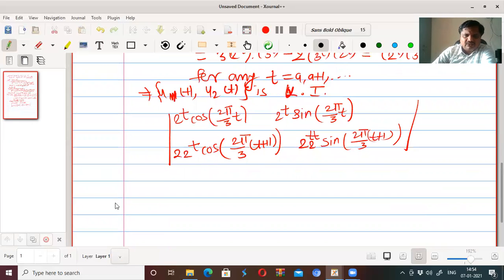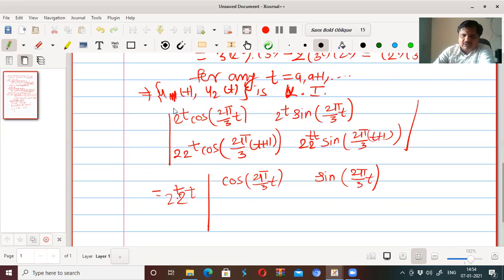Okay. Now, which is equal to, so 2 to the power t is common in all these. I will take 2 to the power t into determinant cos of 2 pi by 3t, sin of 2 pi by 3t. Actually 2 to the power t into 2 to the power t. I will take common from first column as well as common from second column.